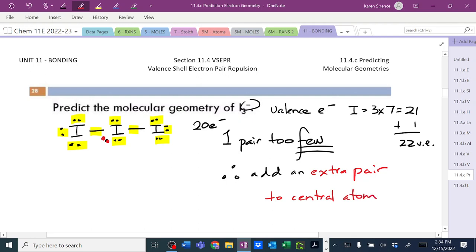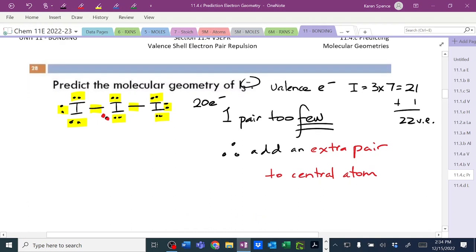Do we need to do anything with double bonding? No, because you only do that when you don't have enough electrons, and we had too few electrons. Now that we have our Lewis structure, look at your central atom. How many electron domains? That's 5.